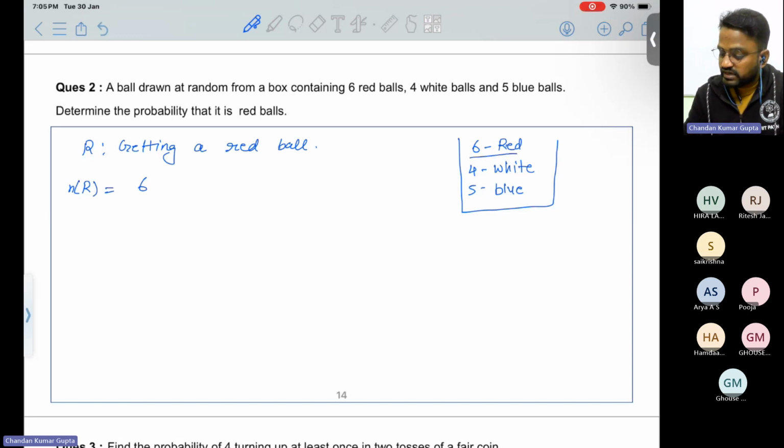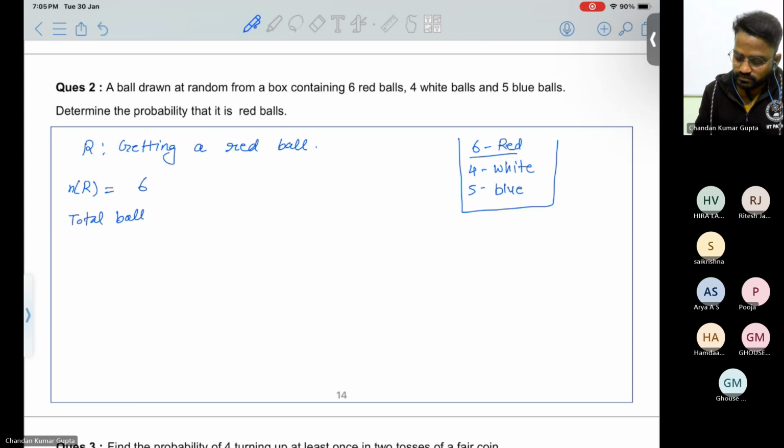The number of red balls is 6, so any of these 6, when we remove one ball, is in our favor. And the total number of balls is 6 plus 4 plus 5, which is equal to 15.